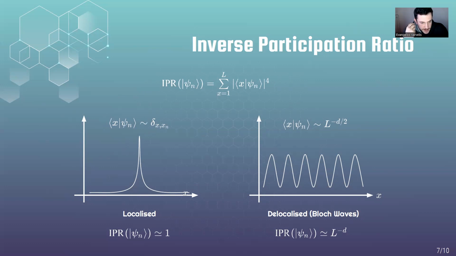For the many-body localization case, we expect that the components of our eigenvectors are going to be basically 0, except for one position where it's going to be basically 1. So we're thinking of it as fixed around some place. In that scenario, you can substitute this back into the definition, and you can see that the IPR becomes approximately 1 for localized states.